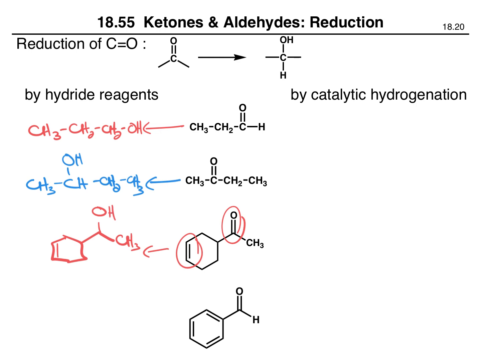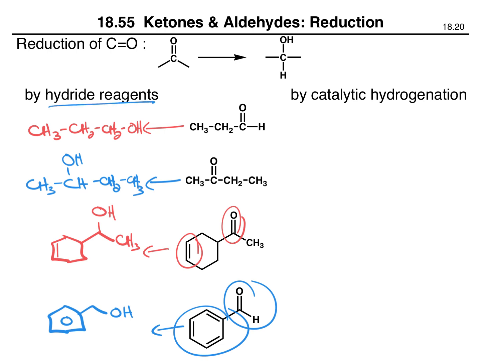And finally, if we have an aldehyde or ketone as well as an aromatic ring, reduction with sodium borohydride or lithium aluminum hydride will result in the conversion of the aldehyde to the primary alcohol without affecting the aromatic ring. So in the case of aldehydes and ketones, using either sodium borohydride or lithium aluminum hydride will give the same products. Carbonyls can also be reduced by catalytic hydrogenation.